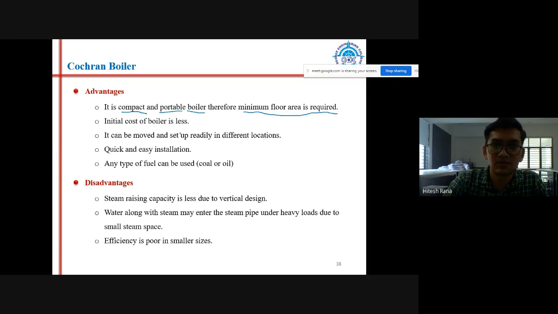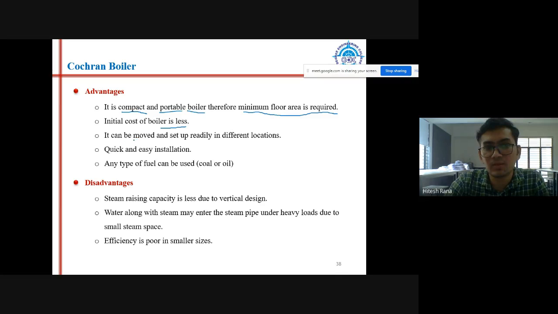Initial cost of boiler is less. Okay, one more thing. This Cochran boiler is also a low pressure boiler. Okay, अब लो प्रेशर बॉयलर है मीन्स प्रेशर जो है वो कम सस्टेन करना है, तो उसके जो भी कंपोनेंट्स लगेंगे उसका कॉस्ट भी लो होगा.